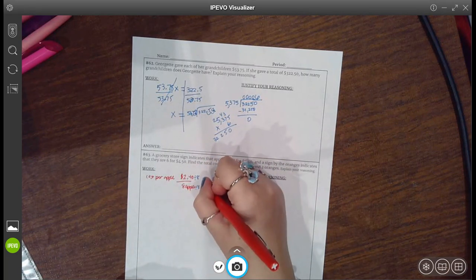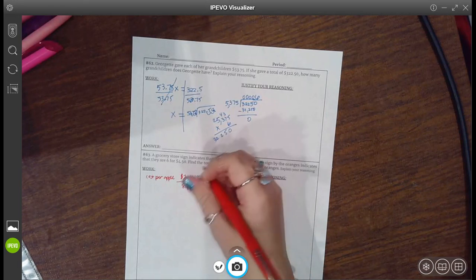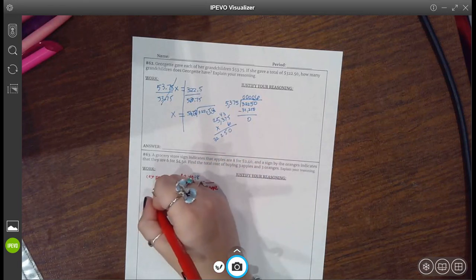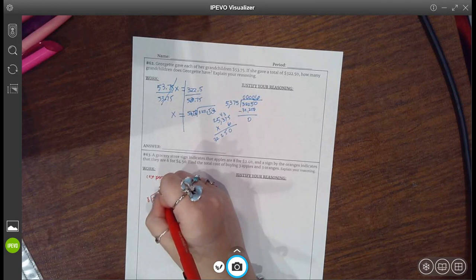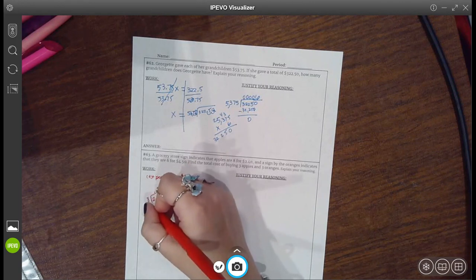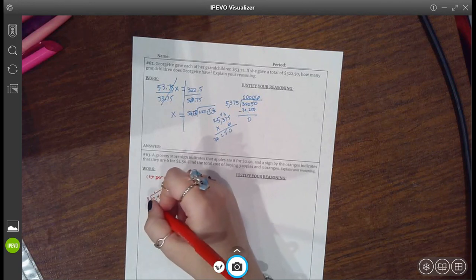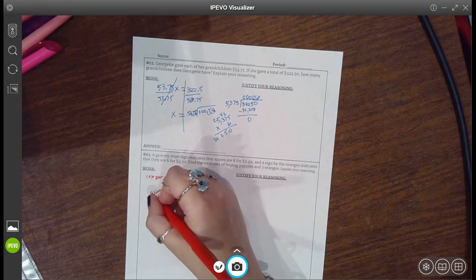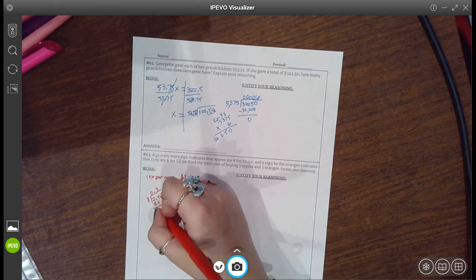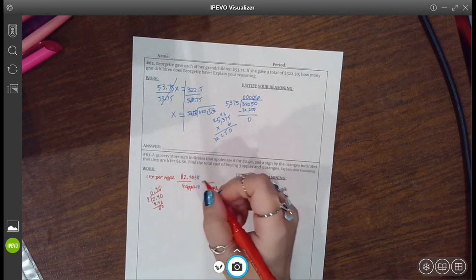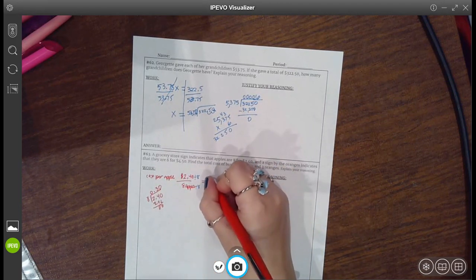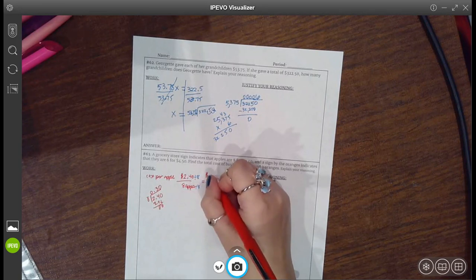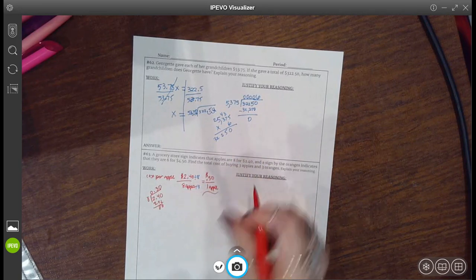Okay, because 8 divided by 8 is 1. So for one apple, how many times does 8 go into 240? I don't need to move the decimal because the number I'm dividing by doesn't have one. 8 can't go into 2, but it goes into 24 3 times. Okay, so 0.30. So it's 30 cents per apple.